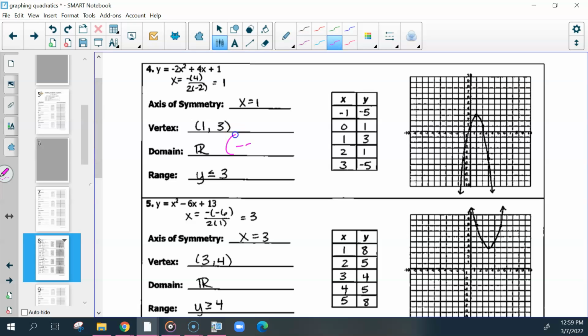Domain was all real numbers, or negative infinity to infinity. And your range was from negative infinity to 3. I know the graph is a little hard to see, but make sure you have those points, then you can graph it on your own.